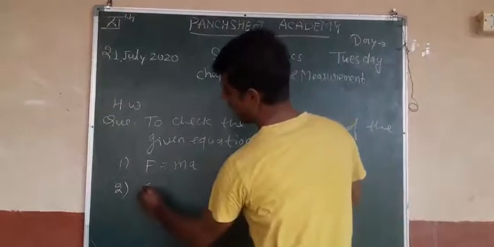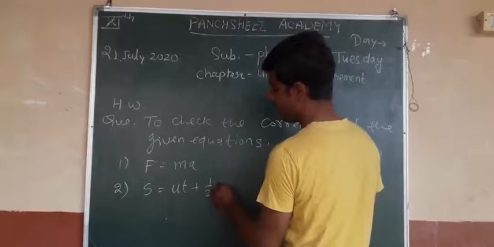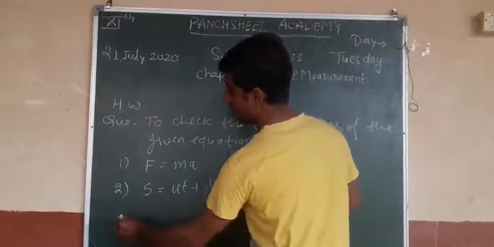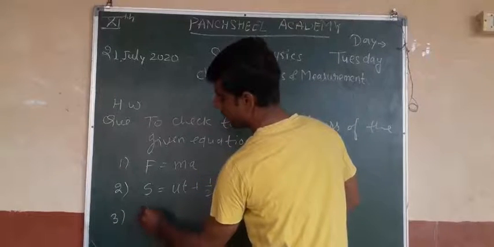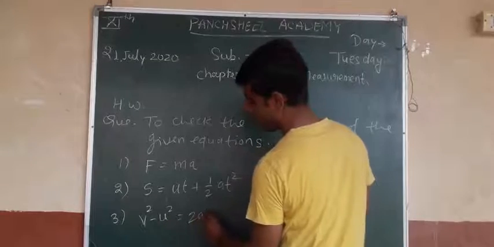Second, s equal to ut plus half at square. Third, v square minus u square equal to 2as.